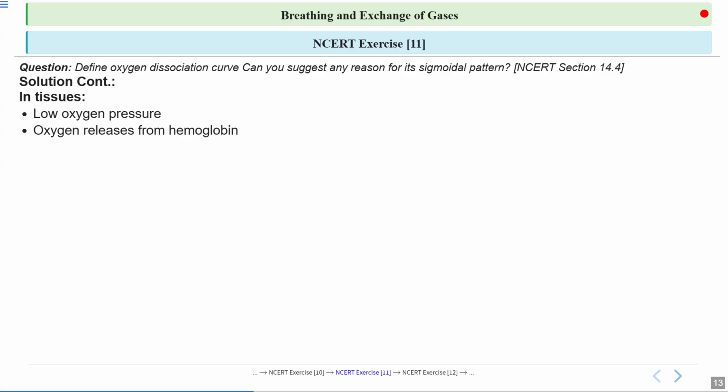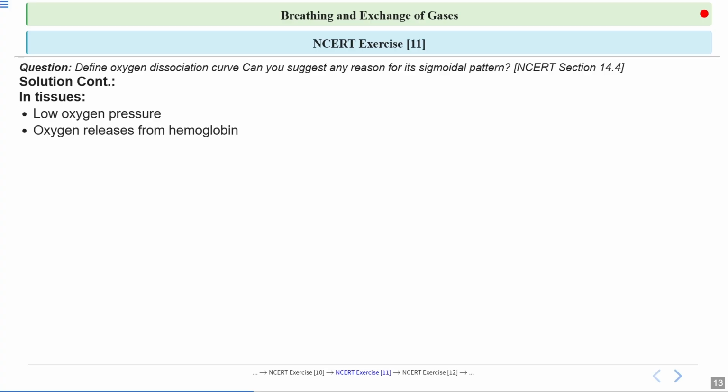See, at the tissue level, what is produced more and more in the tissue? In the tissue, there is cellular respiration. And what is released in cellular respiration? Carbon dioxide is released, right?